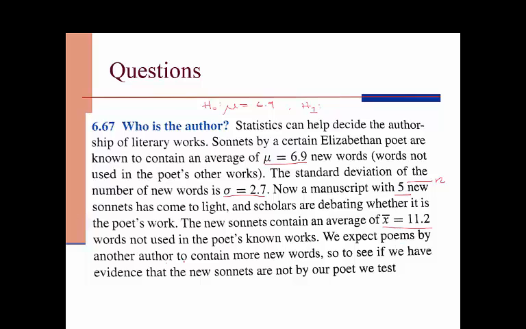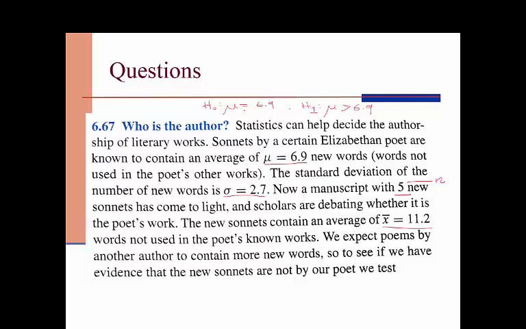We expect poems by another author to contain more new words. So to see if we have evidence that new sonnets are not by our poet, we test. So we expect them to have more new words. That means you expect mu being greater than 6.9 as the alternative hypothesis.